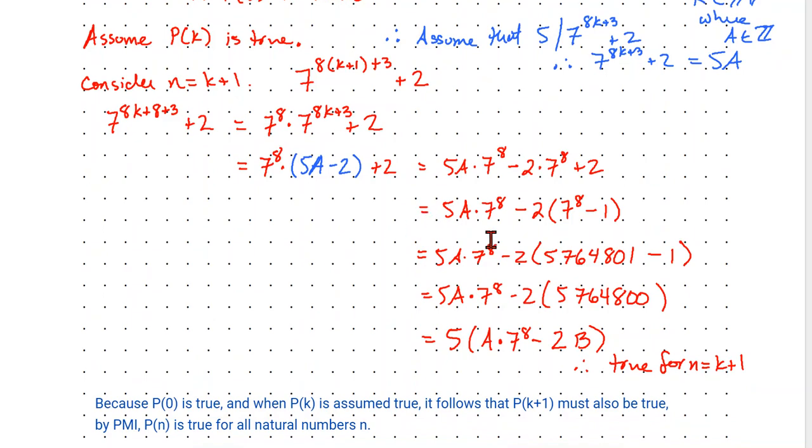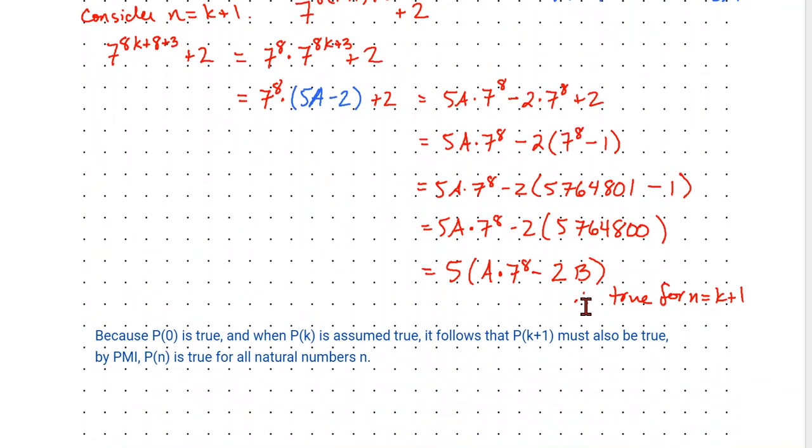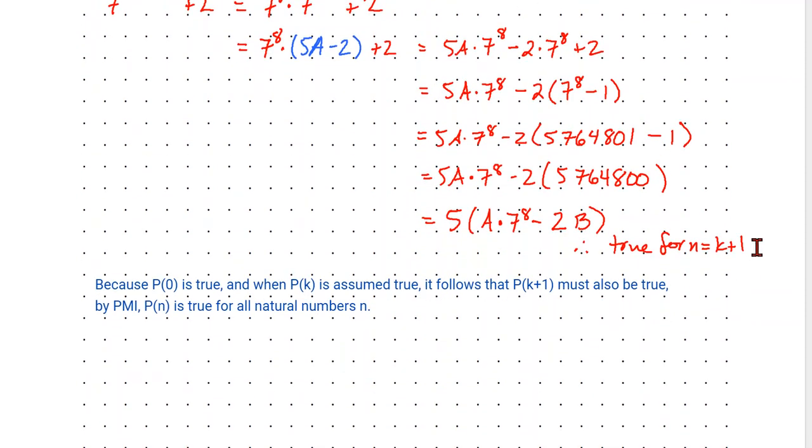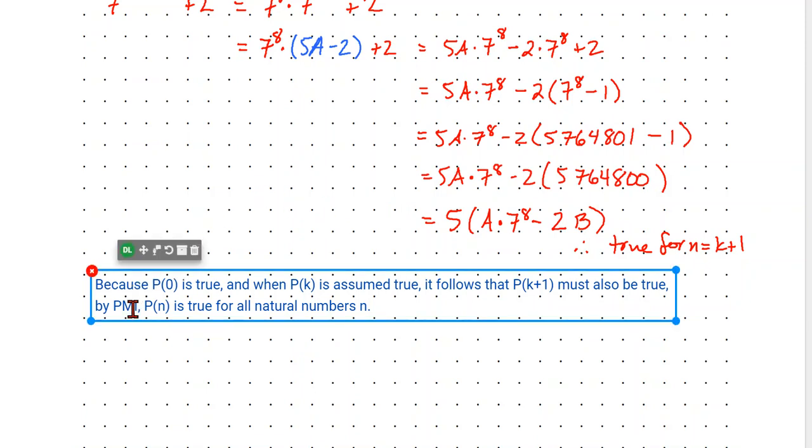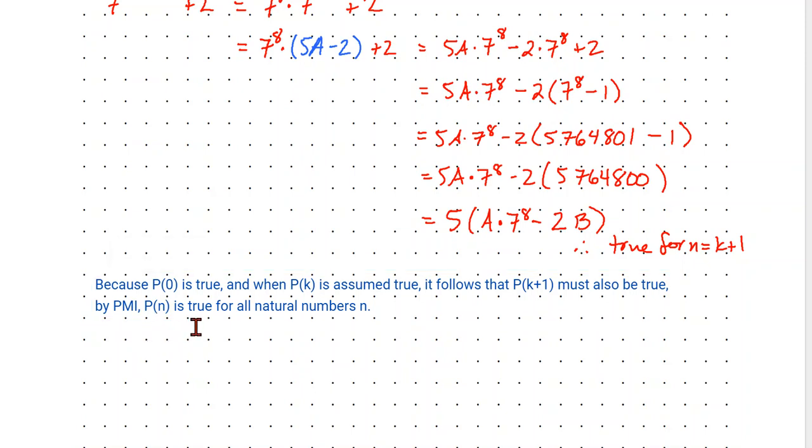Go through, do the mathematics, and hopefully our proposition holds true. If it does hold true for our k plus 1th case, when assumed true for our kth case, and we have shown it is true for our initial case, then by the principle of mathematical induction, our proposition must be true for all of our particular set of values, in this case, our natural numbers.